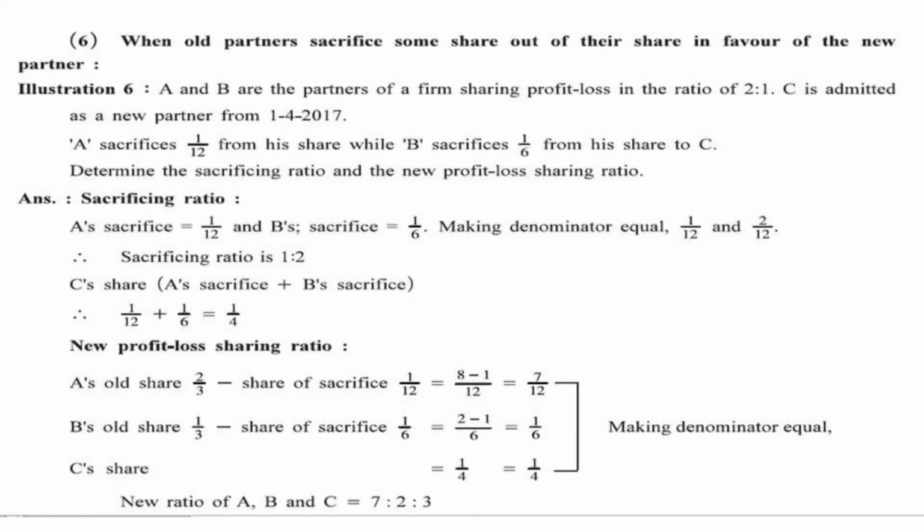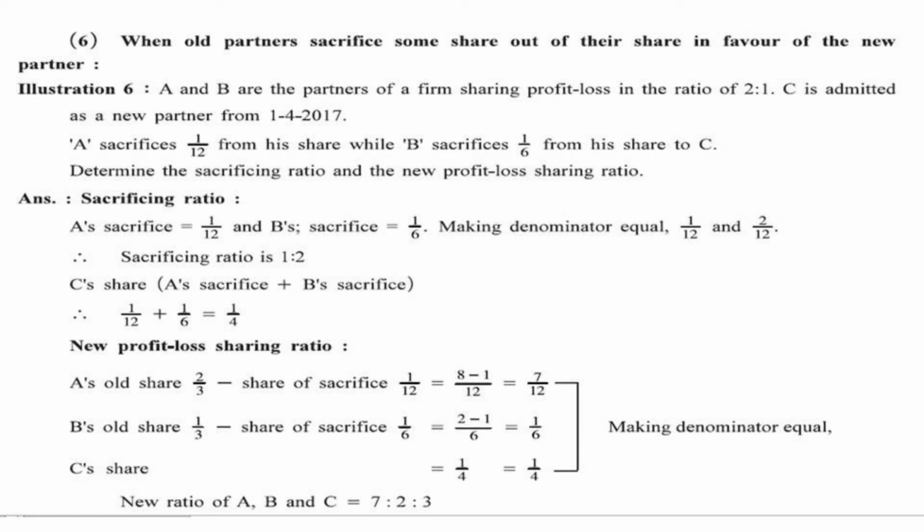Now the sixth point: when old partners sacrifice some share out of their share in favor of a new partner. This type of illustration is number 6. A and B are the partners of a firm sharing profit and loss in the ratio 2:1.